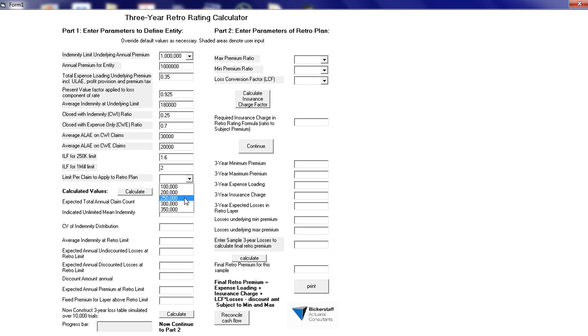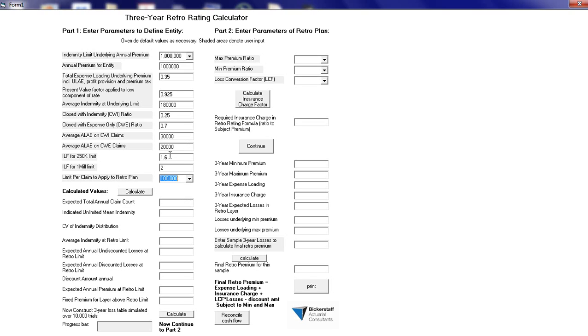The higher you go, the more risk there is, and for this particular example, I'm going to be modest and just choose 100,000 for my limit to apply.